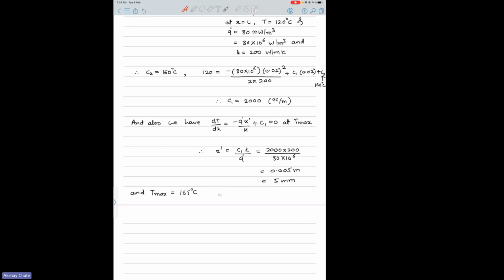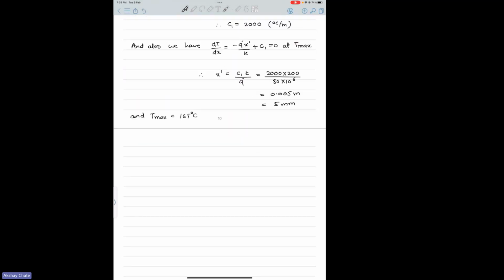Now we can go for cylindrical wall heat generation. We have limited time, but in the cylindrical wall you have to do the same thing, just that the governing equation changes here.